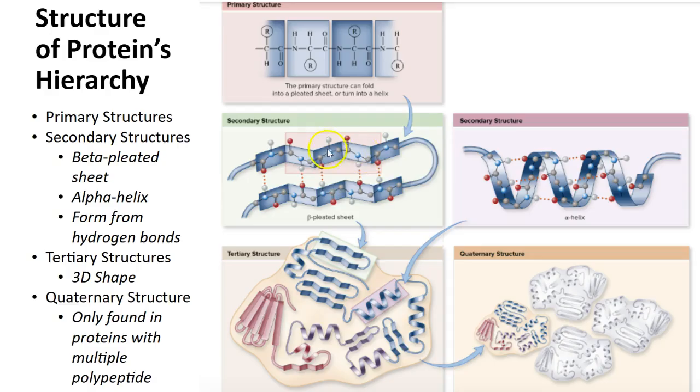After you have these foldings of the primary structure to make the secondary structures, they can also be subunits to make this three-dimensional tertiary structure. And then from there, that is the unit to make the quaternary structure.